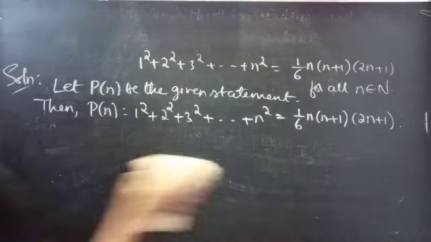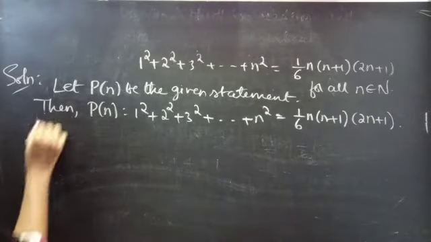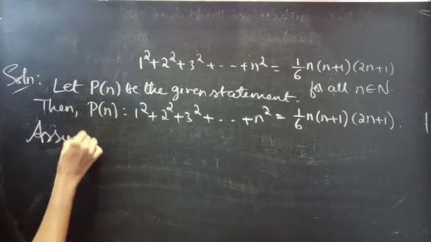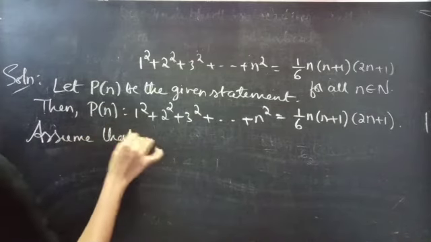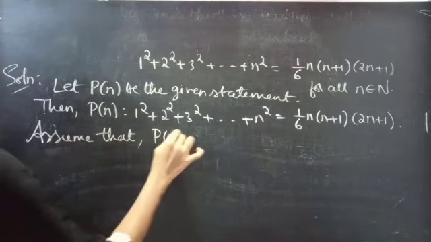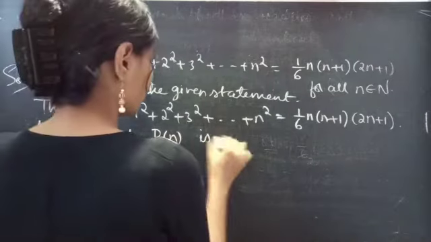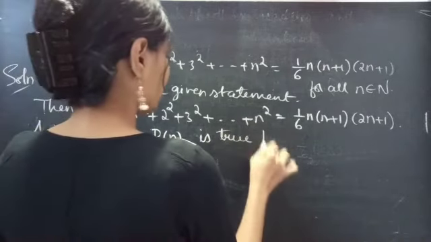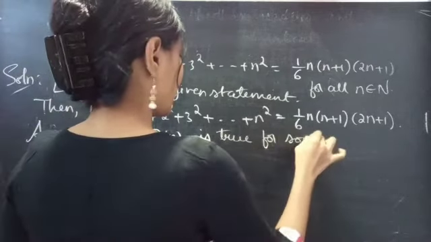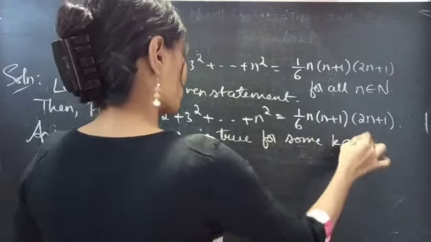Fine. Now assume that P of n is true for some k belongs to natural numbers.